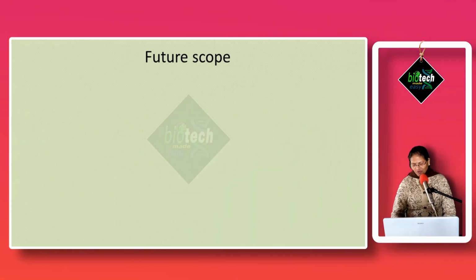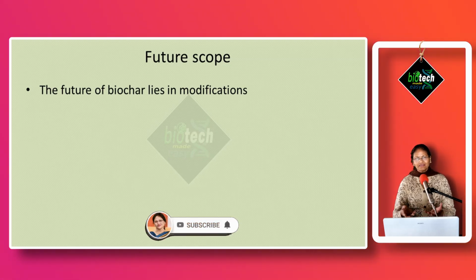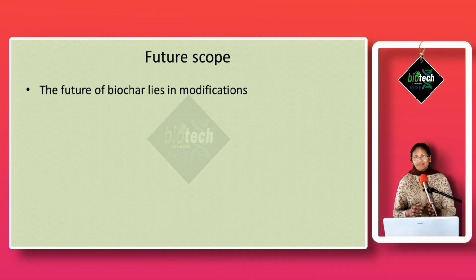Now the future scope. The future of biochar lies in the modification. Of course, we can use the simple biochar which we are making through the pyrolysis, but as I told you, these days lots of modifications are done. So these modified biochars are much better. They are more efficient.